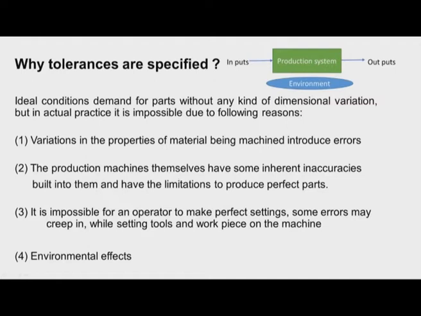So, because of these inaccuracies, the size of the workpiece produced will vary, and then it is impossible for an operator to make perfect settings like the setting of the cutting tool, setting of the machine tool, and then we may always make some mistakes while setting the tools. Because of that, the inaccuracy in the workpiece is introduced.